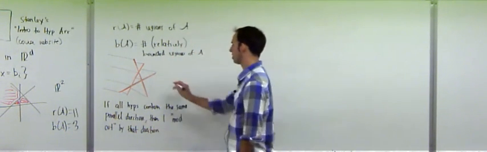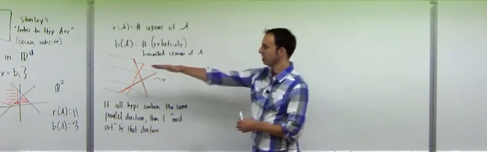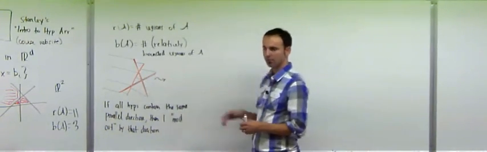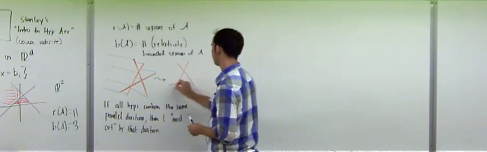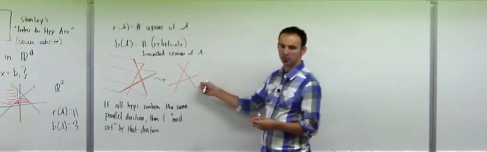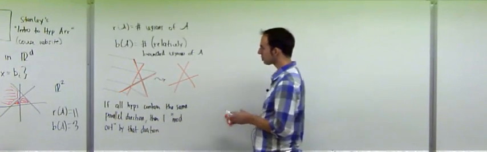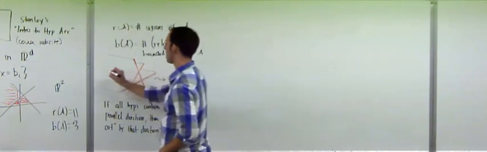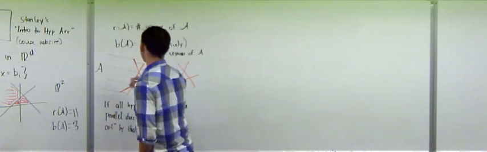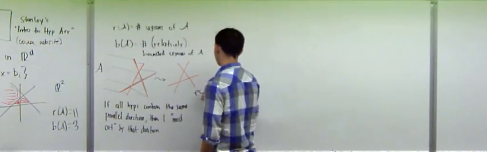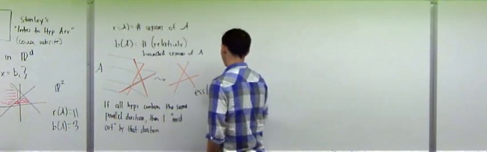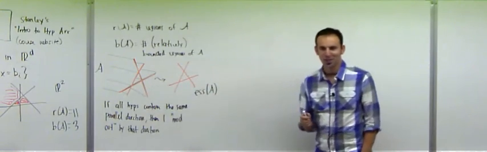So instead of considering it like this, because all of the hyperplanes contain this direction, I just want to think of this as really being this arrangement. And this is where I want to count bounded things. So if this arrangement is A, then this is called the essentialization of A.